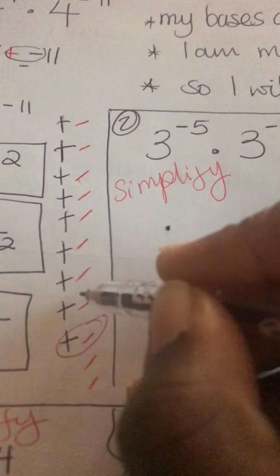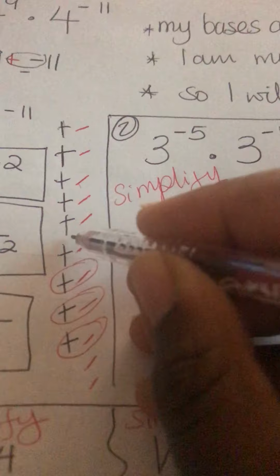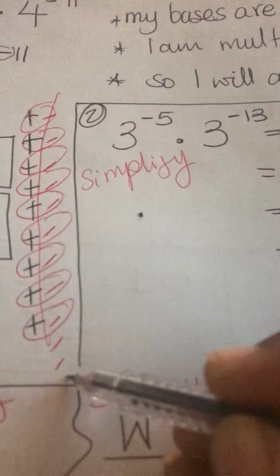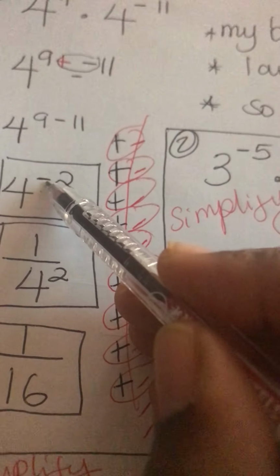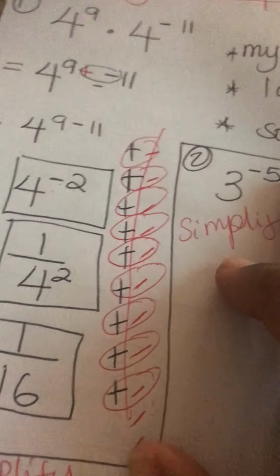And then make my zero pairs. So all these are zeros, which means I don't need them. And what am I left with? 2 negatives. So that's how I know 4 raised to negative 2, because 9 minus 11 is negative 2.